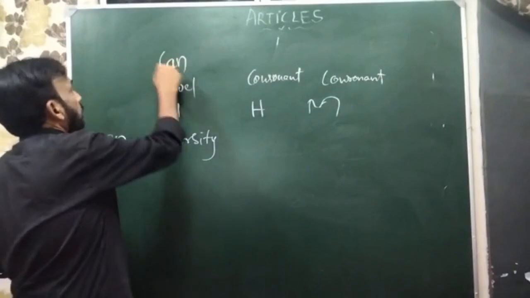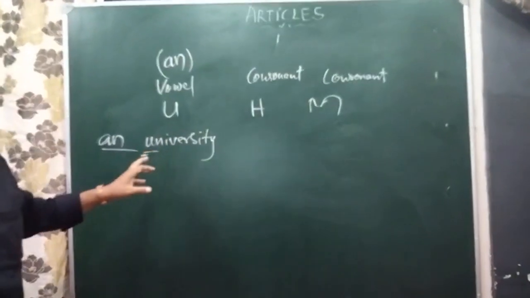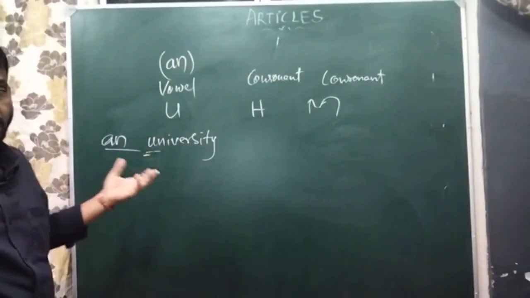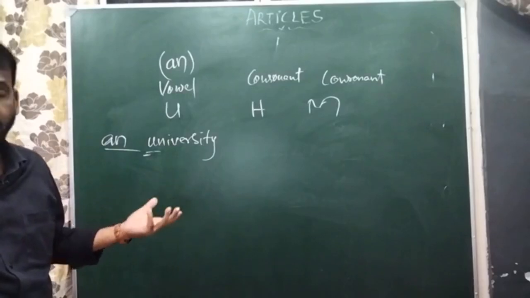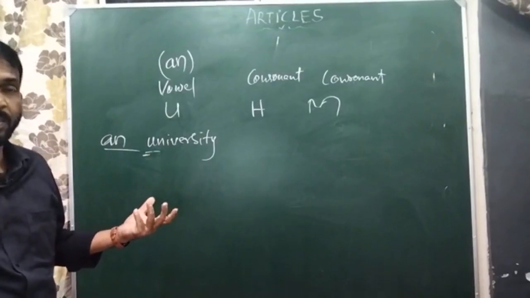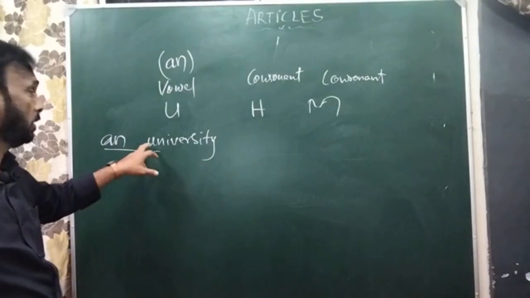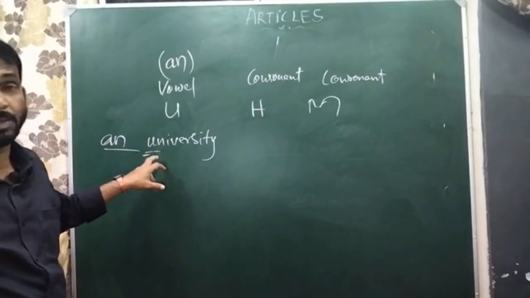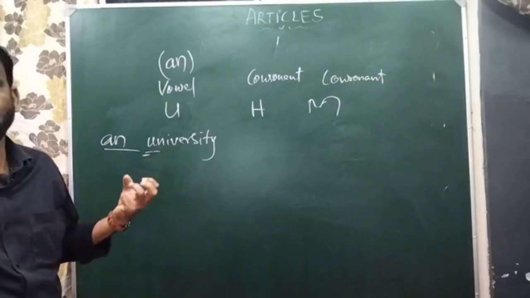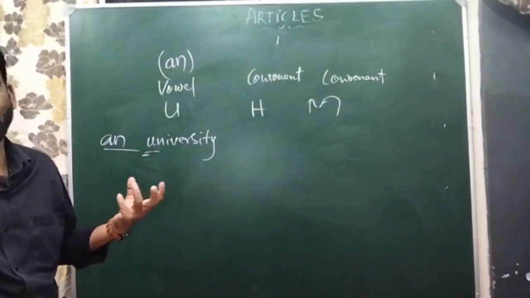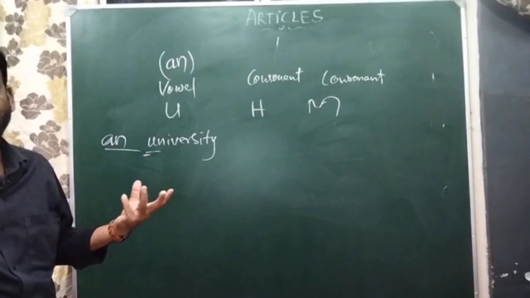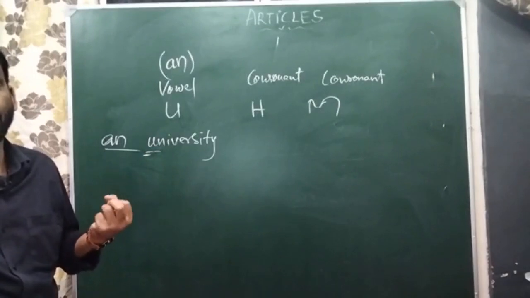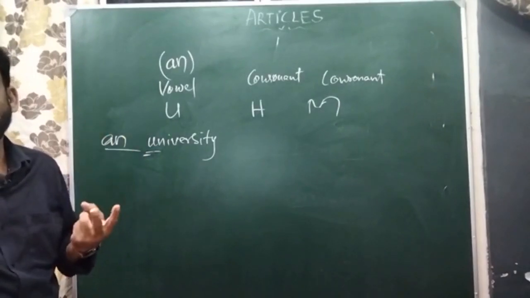So here I have placed an. Is it correct? No, it is not correct. Why? Because here it is a vowel, but it is producing a consonant sound. It looks like U, but you have two sounds, two pronunciations.